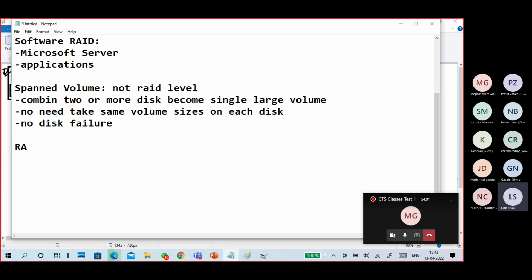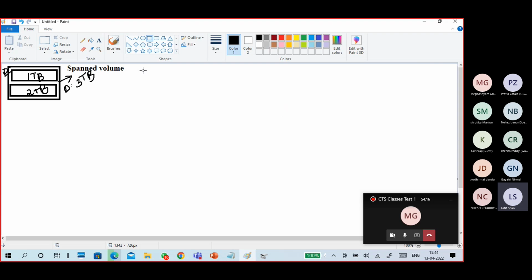Now it comes to the RAID levels one by one. RAID level 0 is the first one. It is a striped volume. We'll see how RAID 0 works. Look here.